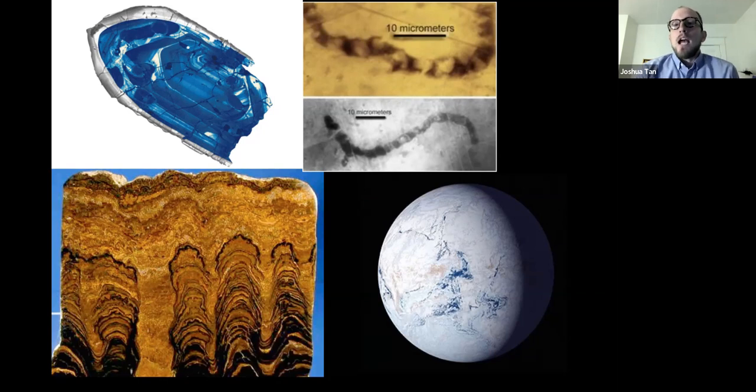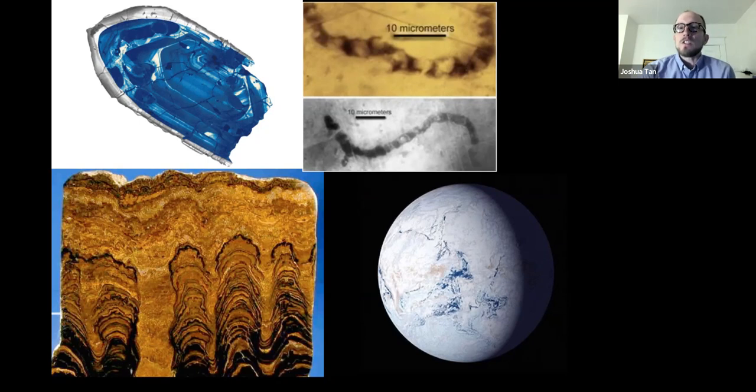Now on the upper right, we're looking at some of the first fossils we have of organisms that are fully intact. We call these things microfossils. And you can see the measurement here is perhaps a tenth or maybe a few tenths of a millimeter.